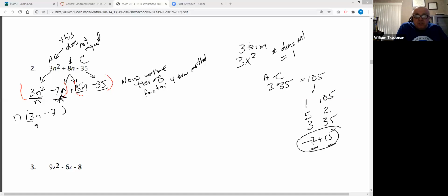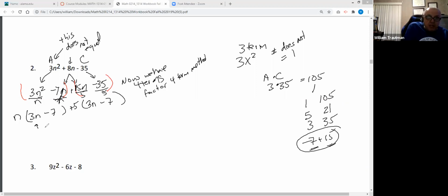If you divide 15 by 5, then you get 3. 15 divided by 5 is 3, and then the n. Negative 35 divided by a positive 5 is a -7. Do you see how when you divide both by 5, you get 3n -7, and the parentheses are the same?